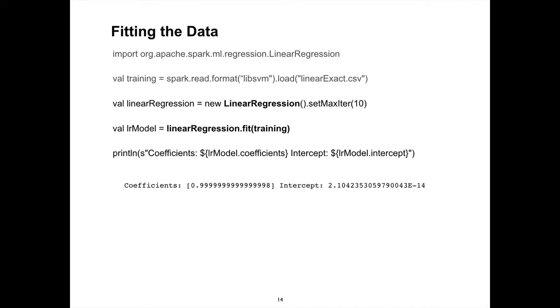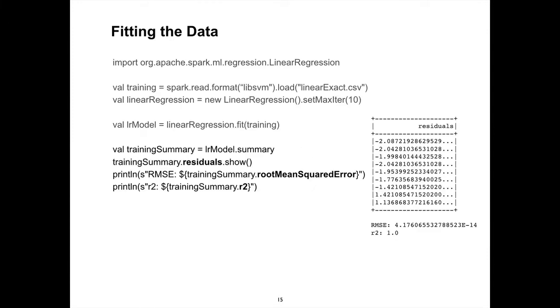So now we have our model, right? There's other information we can look for. We look at the residuals, right? How far off we are from the true values. And then we can get the root mean square error, which is basically you sum up all the residuals and square them to get rid of the negatives.